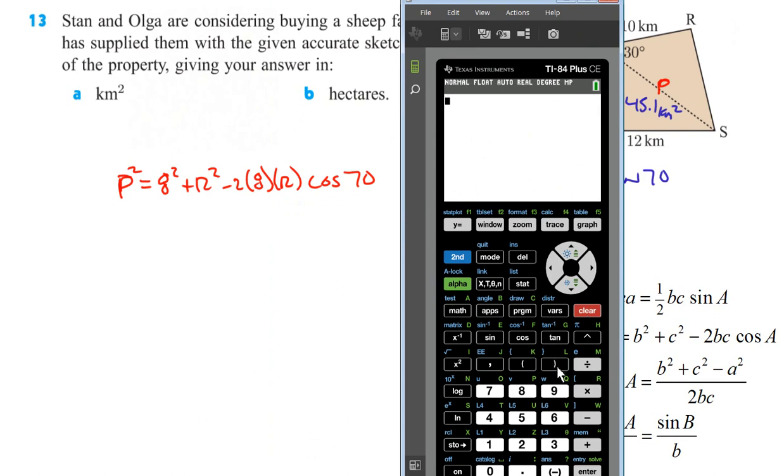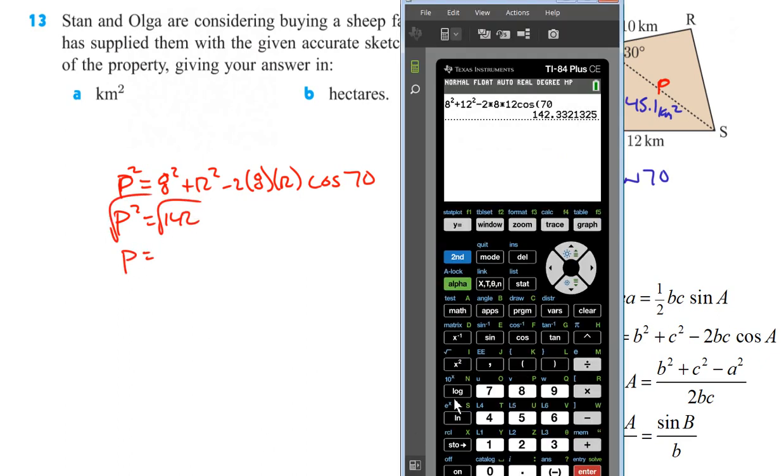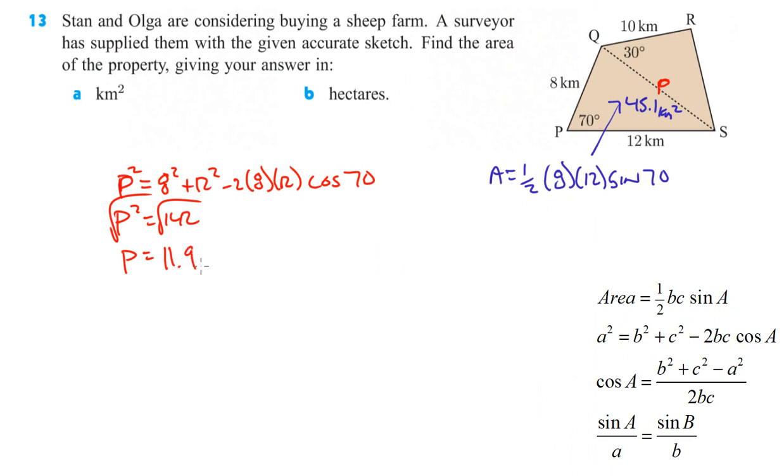You should be able to just enter that whole thing in all at once, and we get 142. P squared is 142. So we square root both sides, and we get 11.9. So this right here is 11.9.